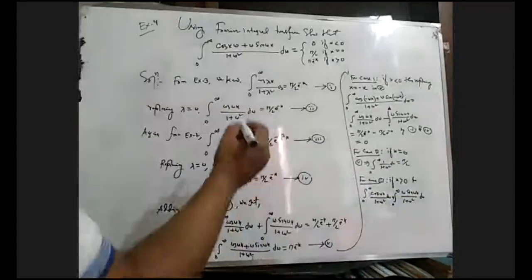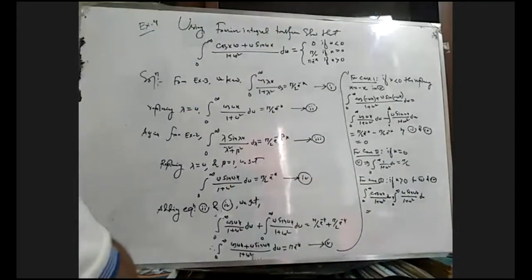So from equations 2 and 4, this equals pi by 2 plus pi by 2 e to the power minus x. This equals pi e to the power minus x.